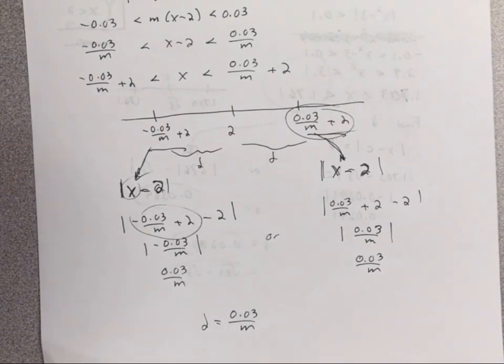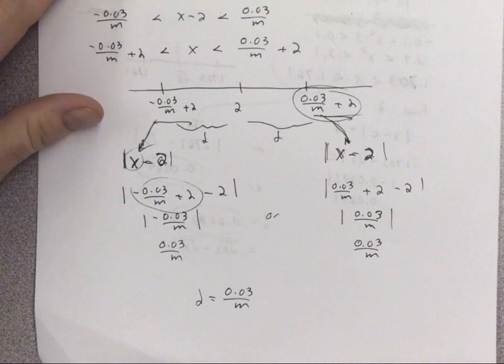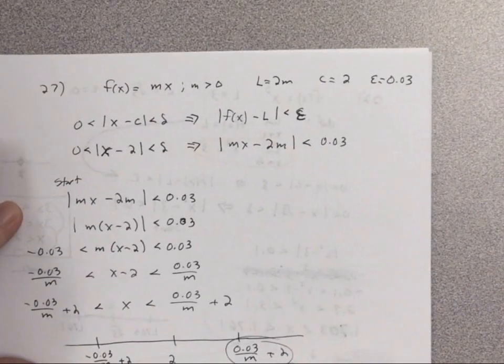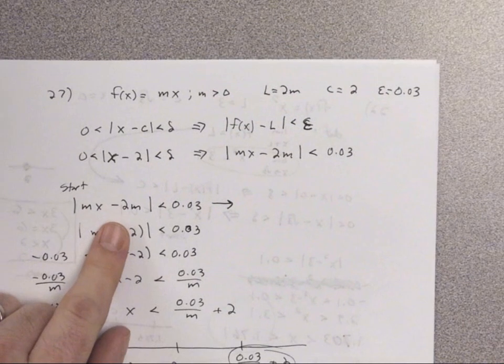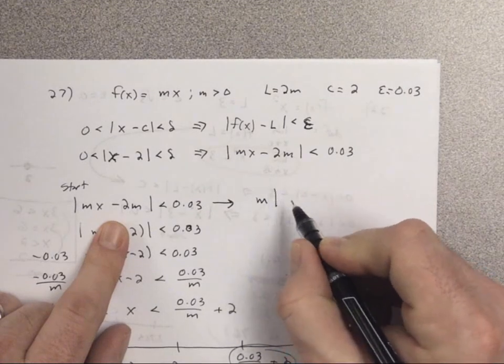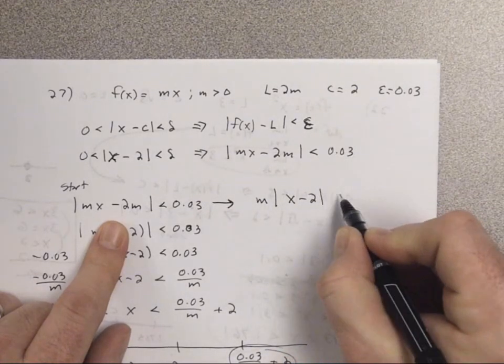Now to show you something here, we could have done it right here. You guys notice how m is positive? Since m is positive, I can factor it out of the absolute value and I get this thing, right?